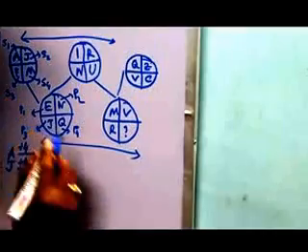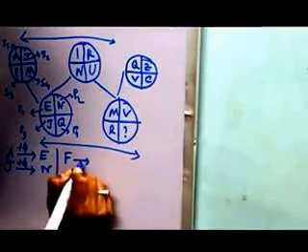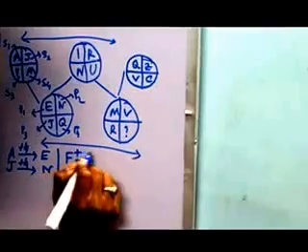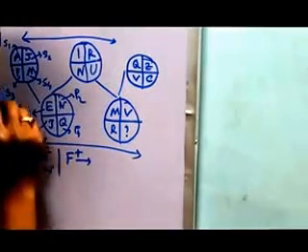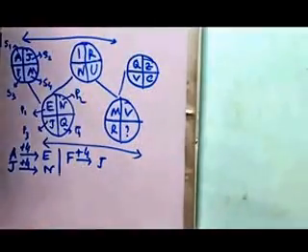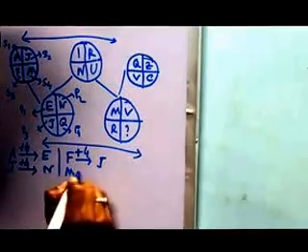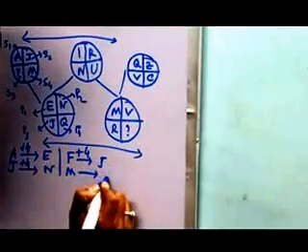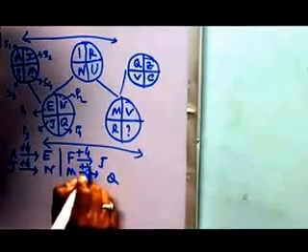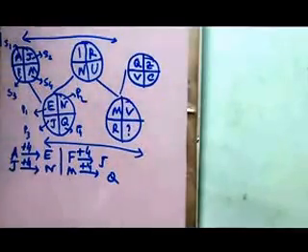Similarly, in the case of S3 and P3, what do we get? F to J, it's also 4 steps forward, and then S4 to P4, it's also 4 steps forward. So that's the logic.